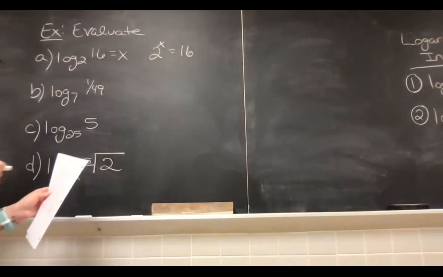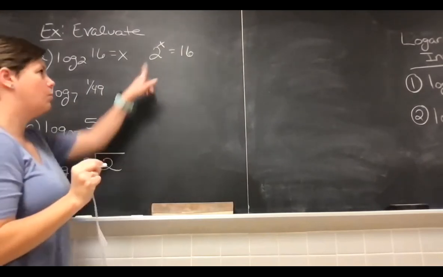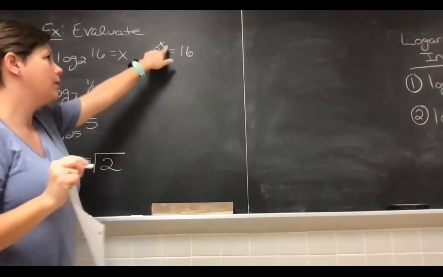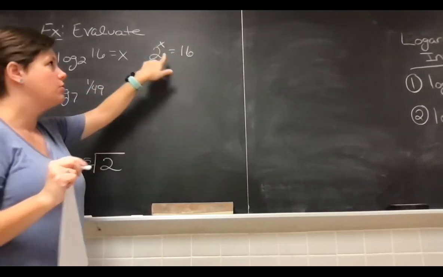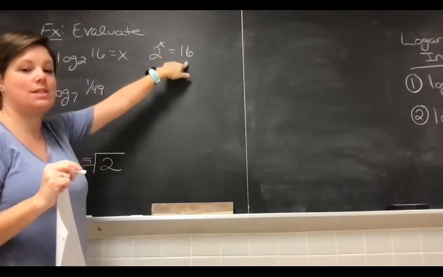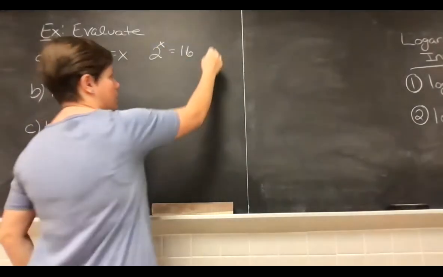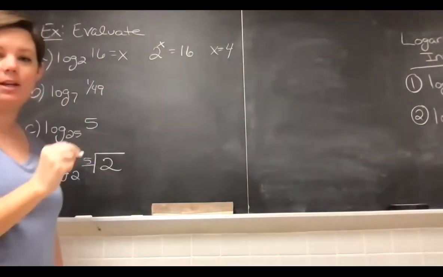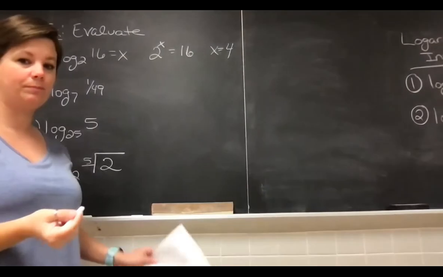Then you can think through, well, 2 to what power gives me 16? 2 squared gives me 4. 2 to the third gives me 8. 2 to the fourth gives me 16. That tells me then that x equals 4, because it's what we plug in to make that statement true.